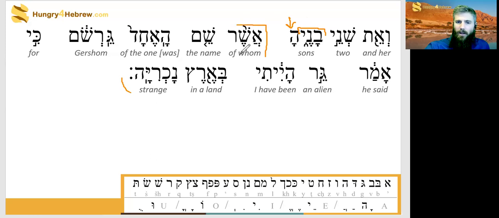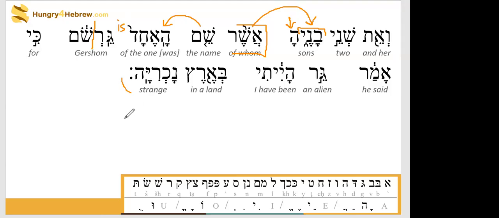Now we get more information about those sons. Asher shem ha'echad, the name of the one, supply the verb is or was, Gershom. Who is a ger?